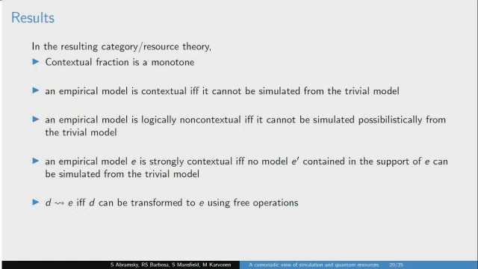So now the big picture thing you get out of this is that, first of all, this contextual fraction, which is a measure of contextuality, is actually a monotone for this setup. And there's a whole hierarchy of already known notions of being contextual in different strengths, and they can all be given categorical interpretations in terms of having a simulation from a trivial model in a suitable category.